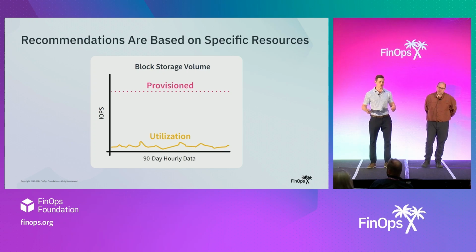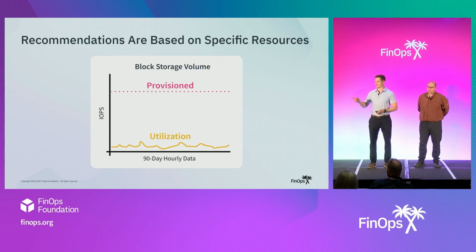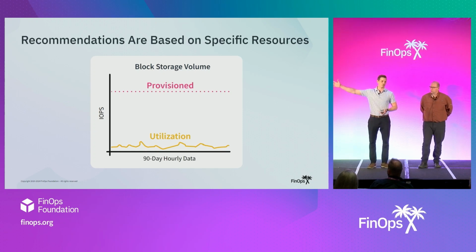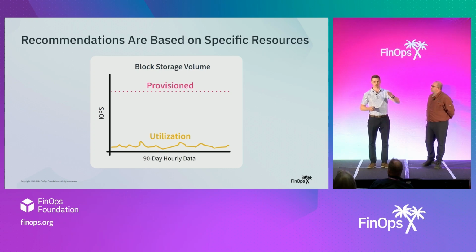And so what we've seen a lot of organizations do is try to track workload optimization at this level. So whatever tool you're using, you pull up data that looks like this and you say, hey, this thing could be right-sized. And then you make that recommendation, and then you're tracking to that specific resource ID, and you're trying to do that across hundreds or thousands of resource IDs, and it's challenging.